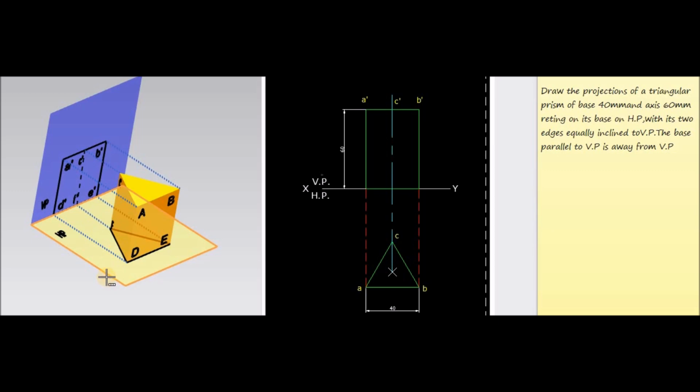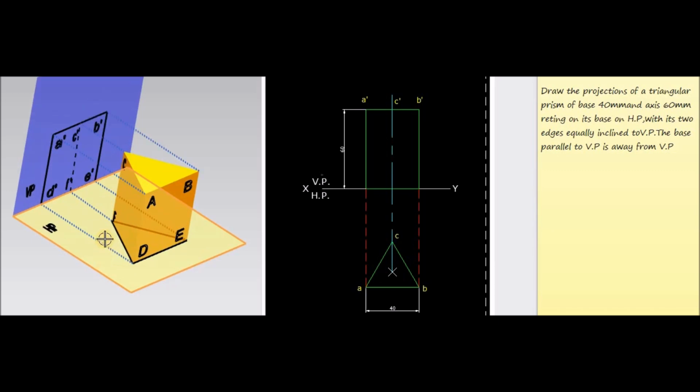So we have to place the base of the triangular prism on HP with base edges as 40 mm. And another condition given in the question is that the two edges are equally inclined to VP.